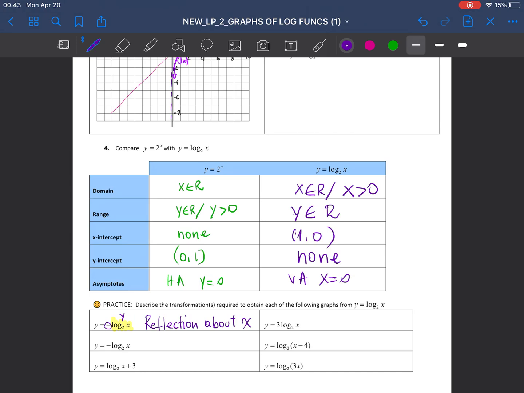Now, the next example, for some reason, is the exact same as the previous one. And the next example, log with base 2 of x plus 3, is a vertical translation 3 up. Y equals 3 log with base 2 of x is a vertical expansion, 3 times taller. Horizontal translation, 4 to the right. And horizontal compression, 3 times narrower.